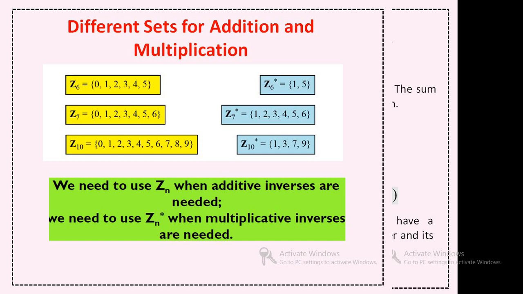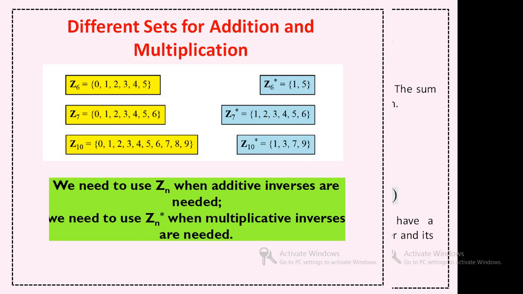Just use the hit and trial method. 5 multiplied by 5 is 25, divided by 6, so it's 24 and the remainder will be 1. So 5 has a multiplicative inverse, which is 5.